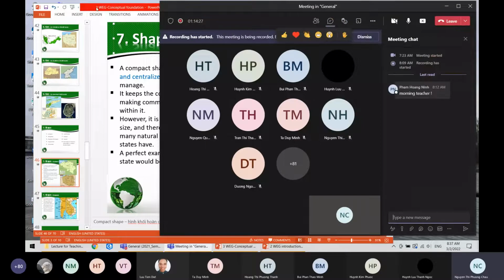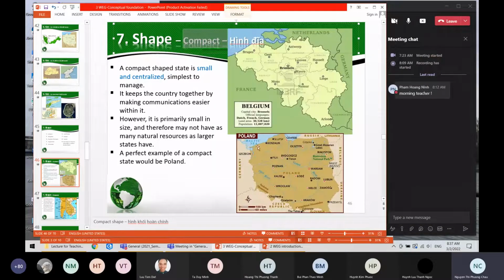You may find some other advantages and disadvantages on this. We can see more advantages, and the disadvantage is limited resources. And limited resources can mean limited human resources as well, right? And the flows across space are limited as well because it's a very small size.